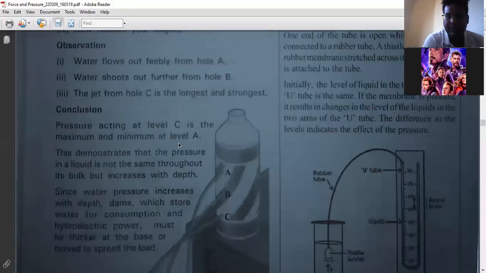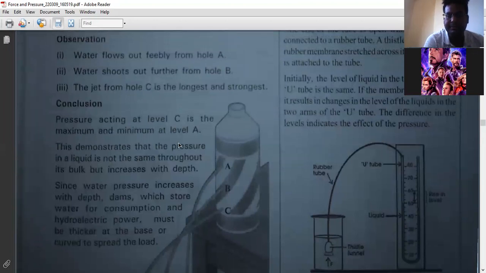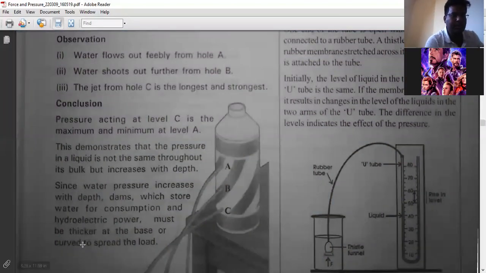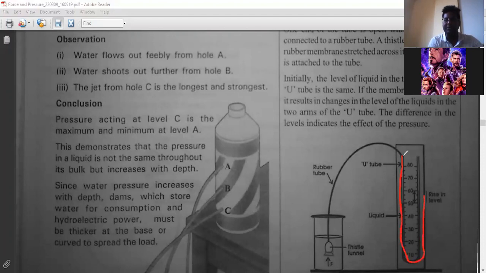So you can see here, this is the U-tube, right? This is the tube which is made in the shape of U. This is the rise in the level, right? And this side is connected with one tube to the thistle funnel.